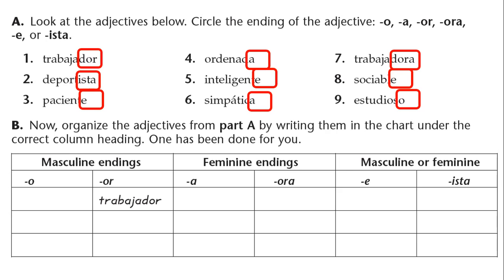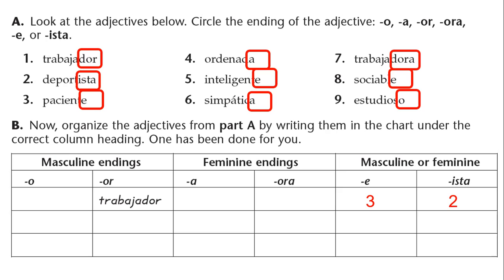If we look in part B, it says to organize the adjectives from part A. There's not really enough room in the boxes to actually write out the words, so just put the numbers. So trabajador is masculine because it ends in OR. Deportista could be masculine or feminine because it ends in ista, so put a 2 over here. Paciente ends in an E, so that could be masculine or feminine.